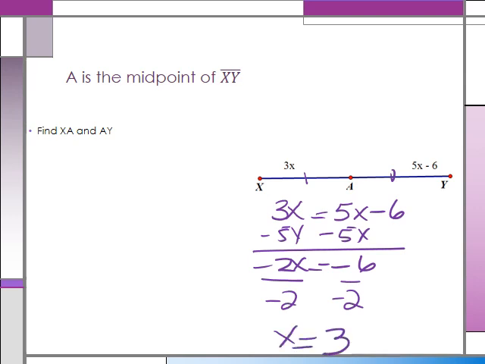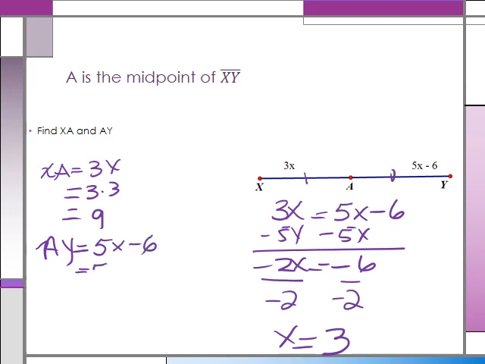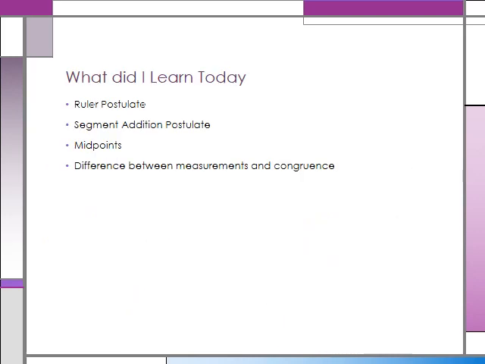We want to find XA. So XA is 3x, or 9. And AY is 5x minus 6, or 15 minus 6, which is 9. We actually probably didn't need to go through this because we knew this was a midpoint, so their measures were equal, but that's a way to double check your arithmetic.